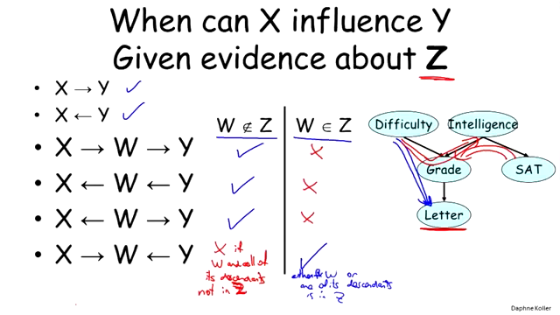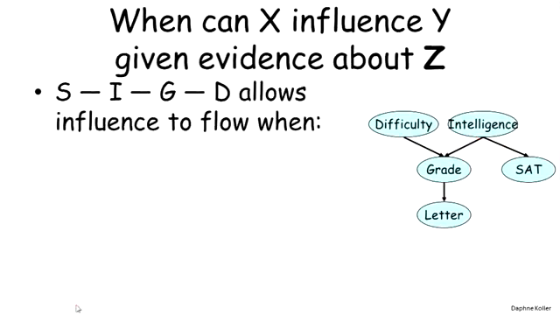And now we can take that and put it together to define an overall model of a more general flow of influence. So for example, when can influence flow from S through I through G into D? Well, let's look at a couple of cases.